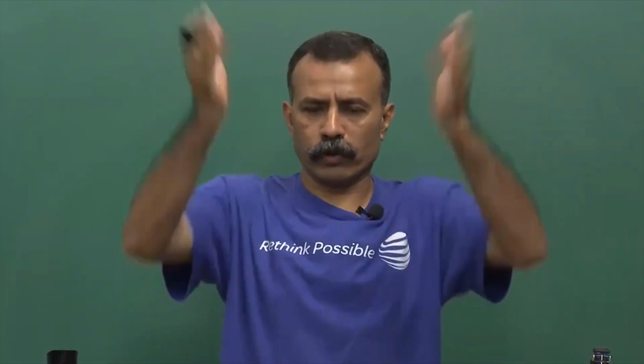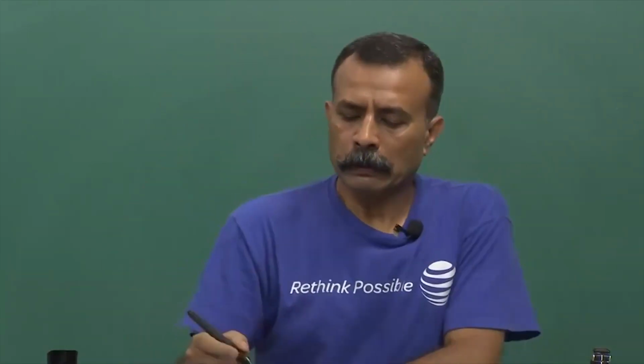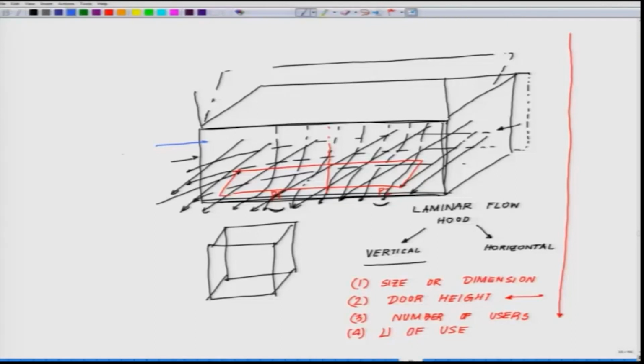You can lift the glass window. The hood will have a UV fixture, a tube light, and a switch for the blowers or the fans.